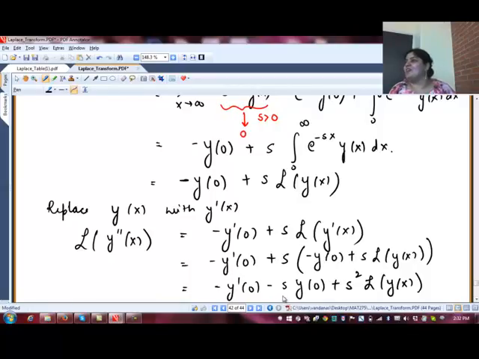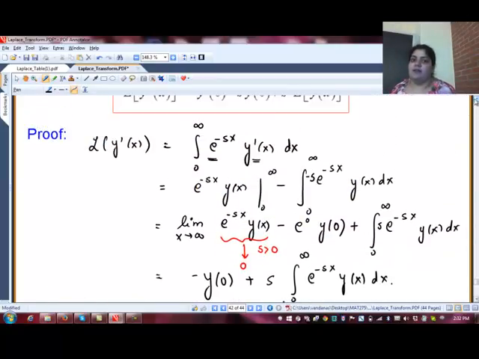Something is going on here. We made it continuous, right? We took discontinuity, we made it continuous. Continuity lies within the Laplace transform. Yes, the Laplace transform is continuous. But what else is happening? You said to replace y with y prime. Okay, I agreed, and I will do that.